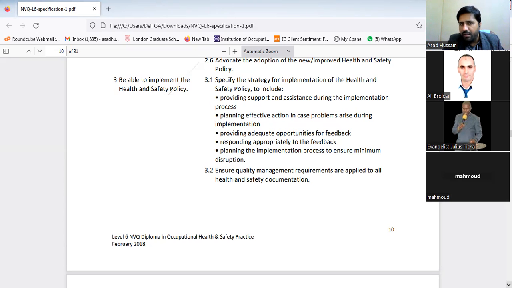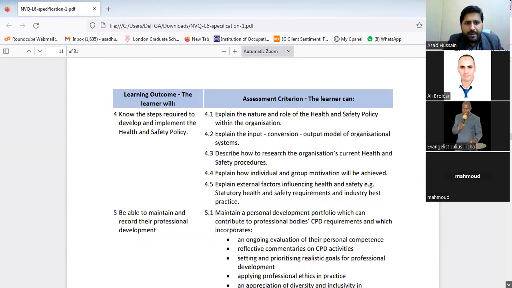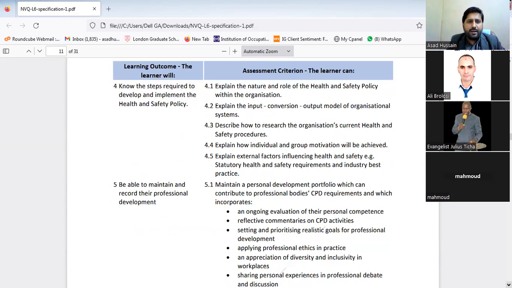Now moving forward, we have the fifth learning outcome: the steps required to develop and implement the health and safety policy. In the earlier part of this unit, we were discussing the deficiencies in the health and safety policy, what is in the policy, how we are communicating and implementing it, the structure, and the legal requirements.